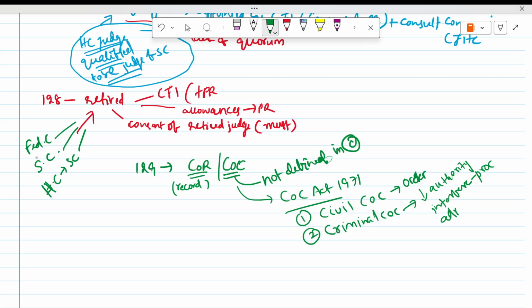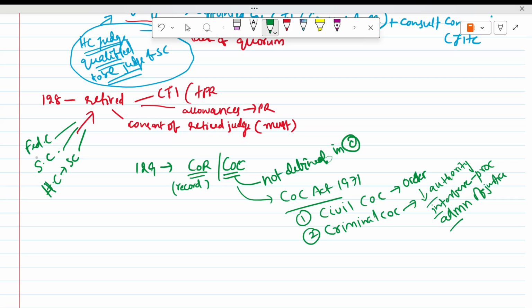Or you are disturbing the administration of justice. When you do these things, you are blocking the functioning of the Supreme Court, then it will attract criminal contempt. So these two, civil contempt and criminal contempt, are available as per the Contempt of Courts Act, 1971.